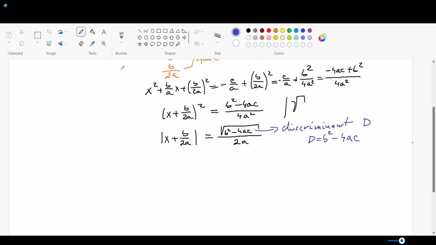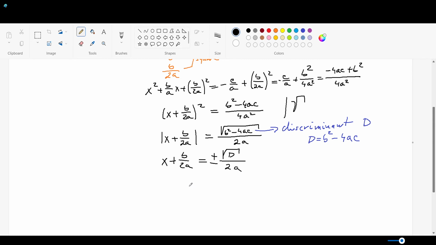So if I rewrite my equation, it will be x plus b over 2a equals, and now it's important to write plus minus, and I will use the discriminant over 2a.